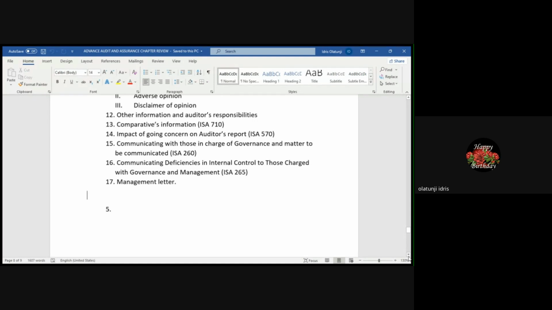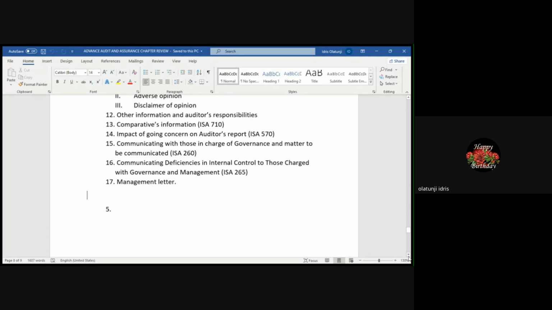And where we do due diligence is maybe your company now wants to take over another company, or you want to buy another company. So you now tell an auditor to help you do a preliminary investigation. We call it due diligence on this company that you want to buy. If I buy this company, will I still continue to make profit?